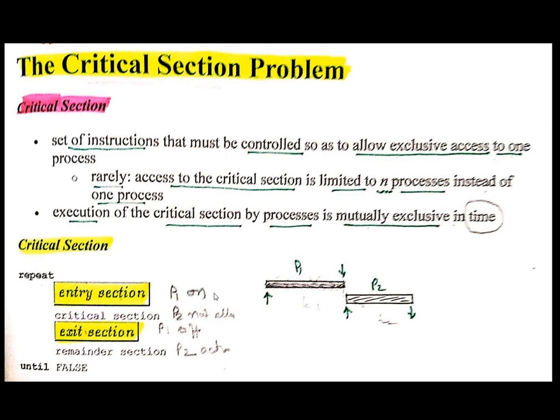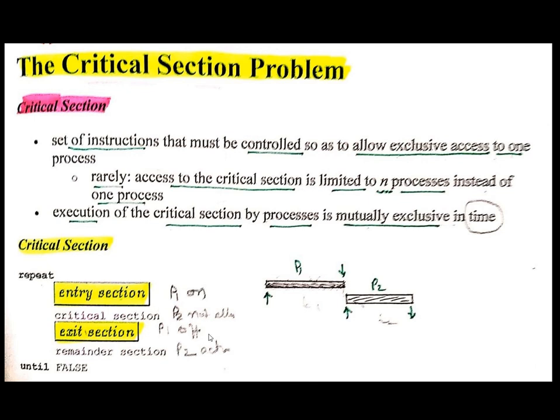When the P1 activity is over, P1 comes into the exit section. So in this case, I put P1 on, here P1 off. When the exit section has occurred, what happens? P2 becomes active, whereas earlier P2 was not allowed. P2 is acting. Now P2 is entering the critical section, so the entry section is allowed for P2.